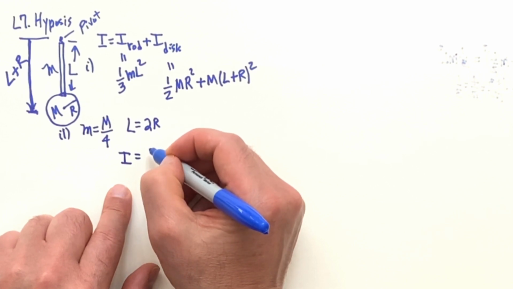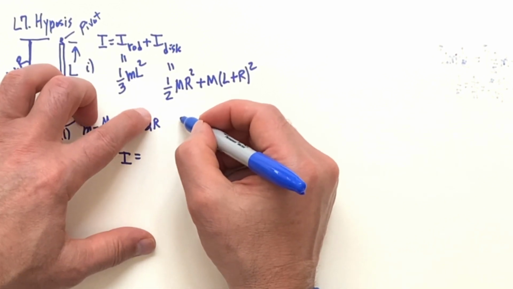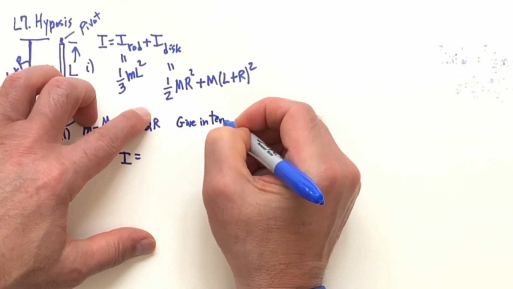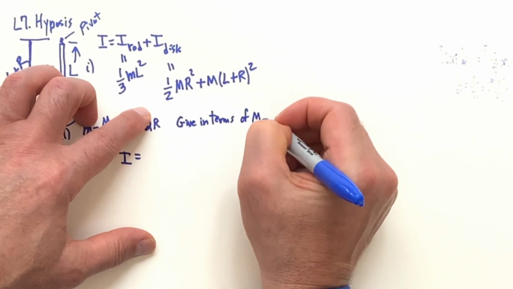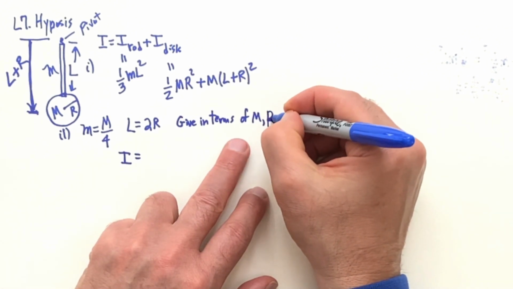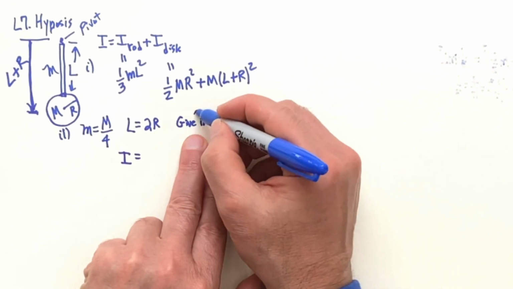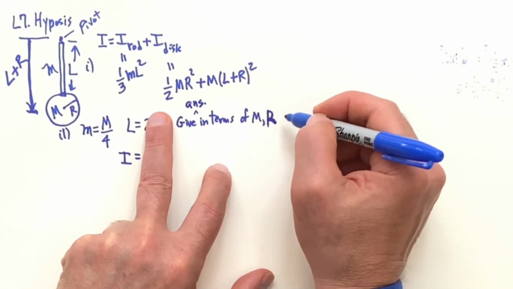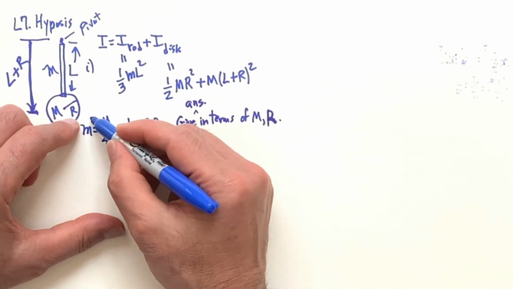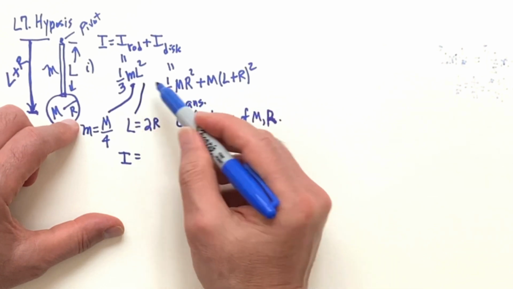Let's say the instructions are: give answer in terms of big M and R.